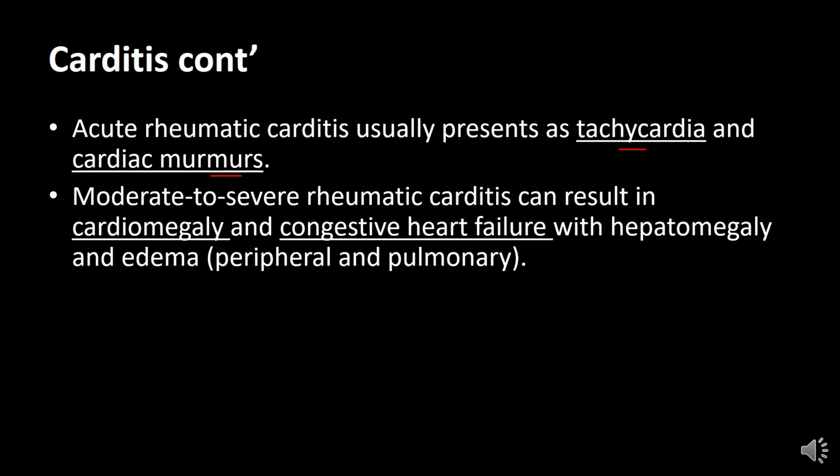It's a spectrum. This can result in cardiomegaly, and sometimes other children may develop overt congestive heart failure. When they have heart failure, they are likely to have tender hepatomegaly and also edema, not only in the periphery, but also in the pulmonary circulation.